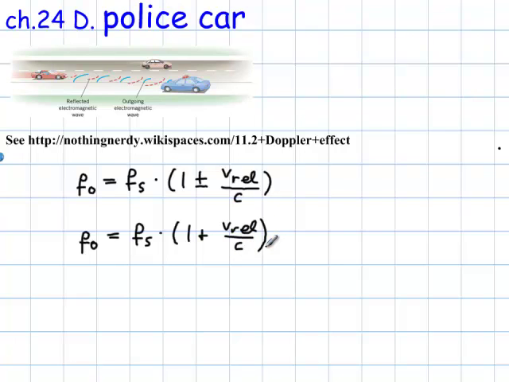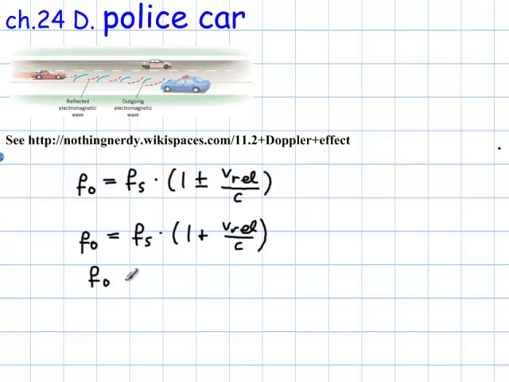Okay, now we're supposed to figure out what delta F is, because it says so in the problem: figure out what the difference in frequency is. But I can't just take the Fs over here because it's a multiplication, so I would have to divide, and that's not going to give me a delta F. However, this one will do.